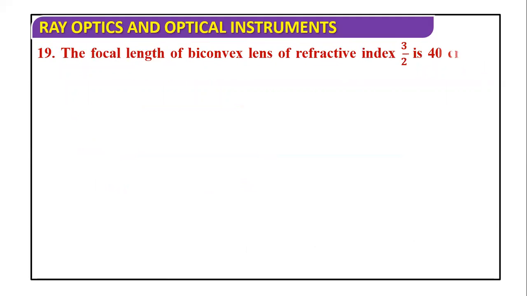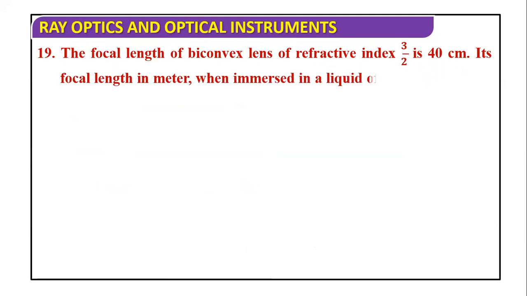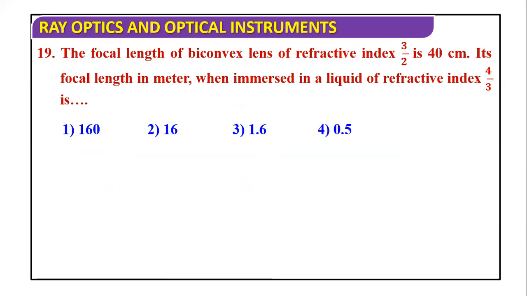Let us see next question. The focal length of biconvex lens of refractive index 3 by 2 is 40 centimeter. Its focal length in meter when immersed in a liquid of refractive index 4 by 3 is. Here also we can compare the focal lengths using lens maker's formula. Lens maker formula is 1 by f is equal to n2 upon n1 minus 1 into 1 upon r1 minus 1 upon r2.